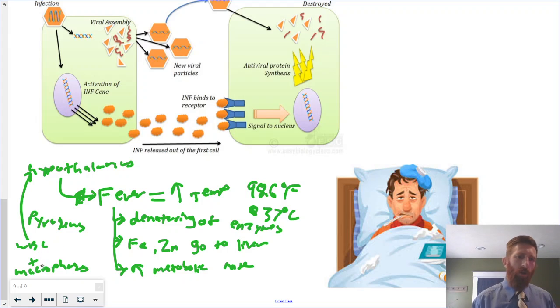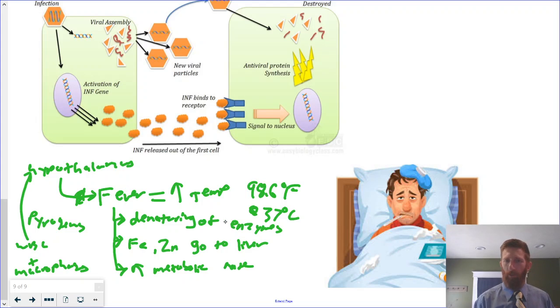So white blood cells, macrophages, they sense an invasion. They encounter bacteria. They're like, oh, this is serious. They release pyrogens. Pyrogens go to the hypothalamus. Hypothalamus bumps up the body temperature, makes us have a fever.